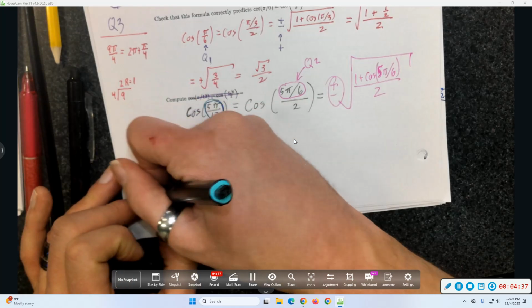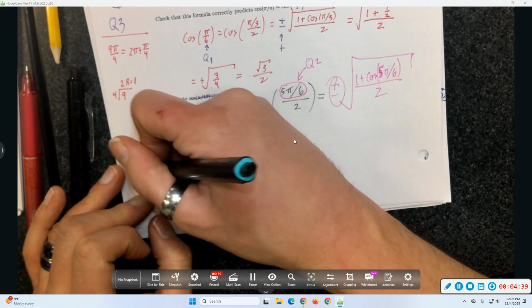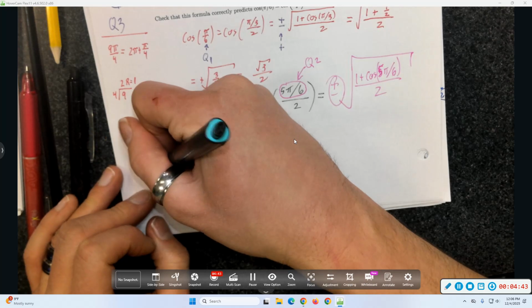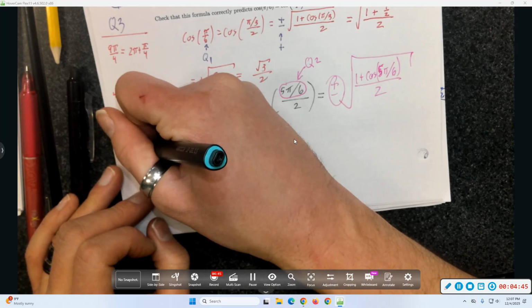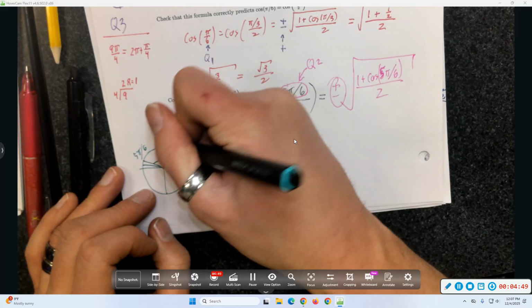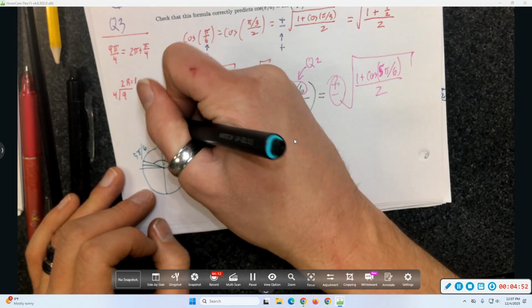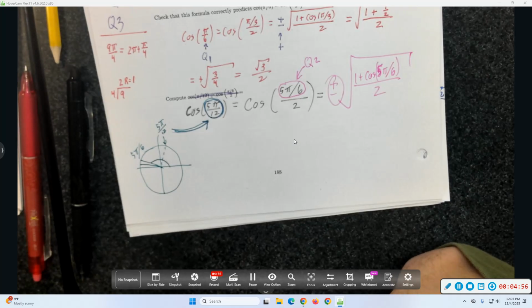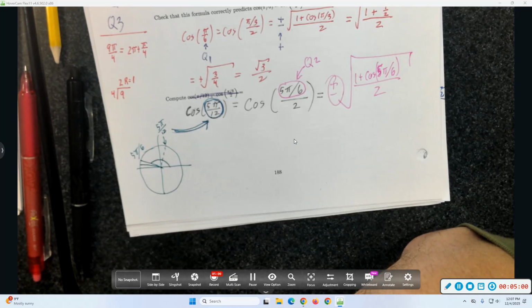Let's draw a picture. Here's 5 pi over 6. Half of that is going to be half of this size, so it'll be about there. And this also tells us what quadrant it looks like it's in. Looks like quadrant 1.